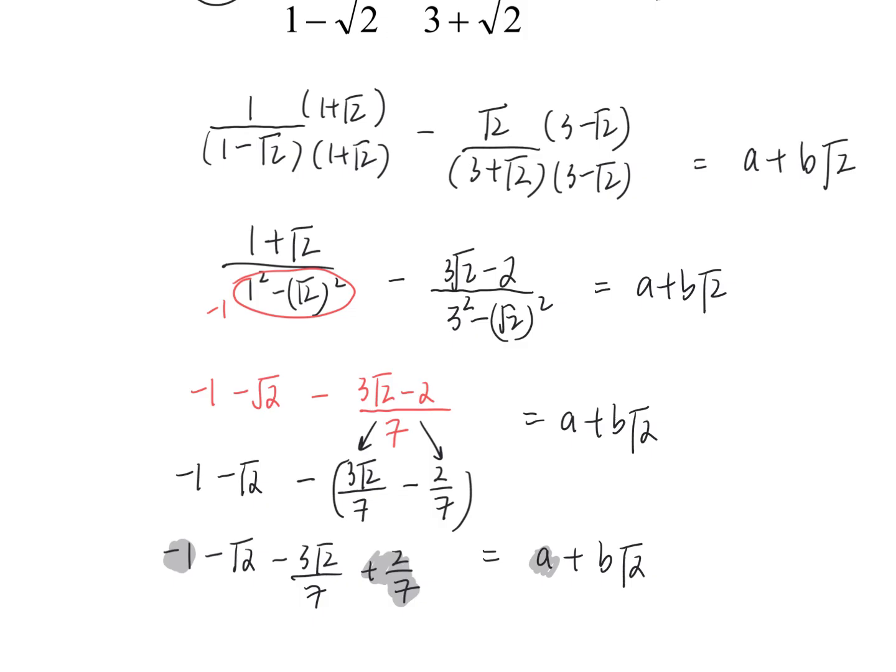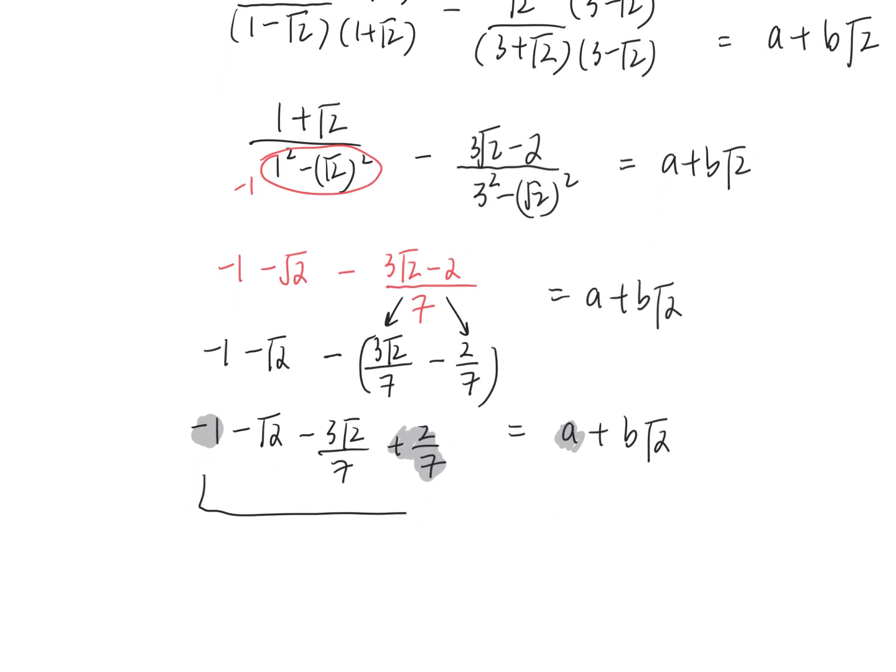Okay, I simplify for you. Let's simplify the left hand side, this one. You will get minus 5 over 7. You simplify this, you will get, let me take out the root 2. Okay, I'm just simplifying what is on the left hand side.